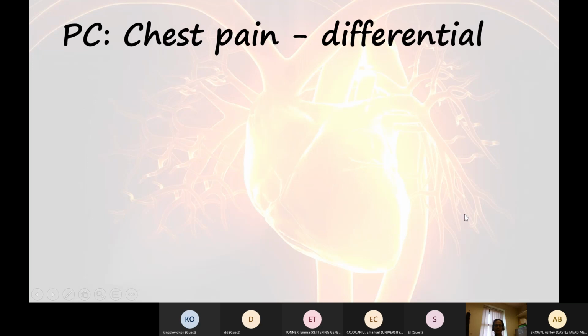So if we come back to the chest pain differential, can you suggest on the chat or mute yourself and speak? Can you tell me some differential diagnoses? And can you tell me what symptoms might point you towards that differential diagnosis rather than pointing you towards acute coronary syndrome?